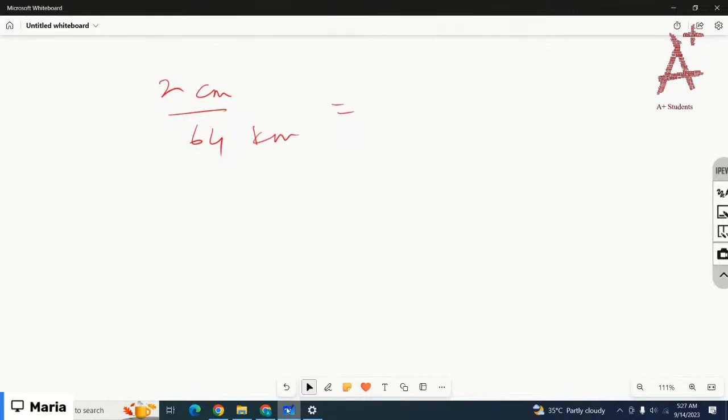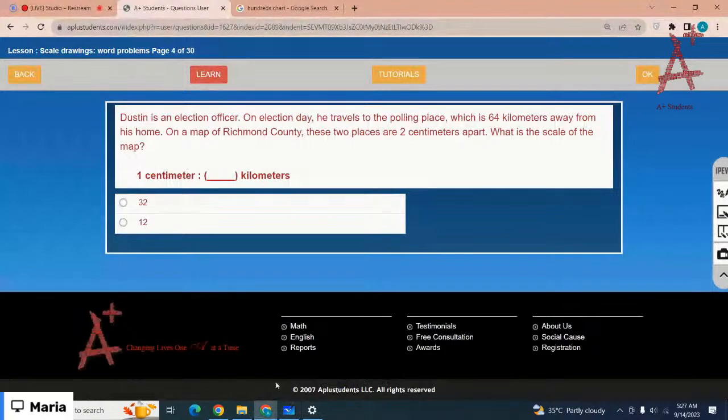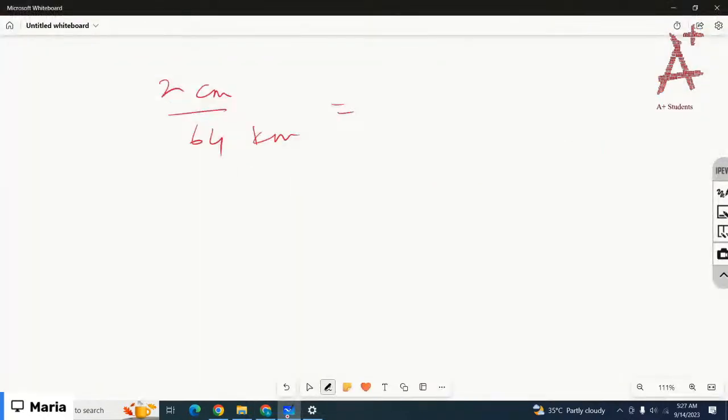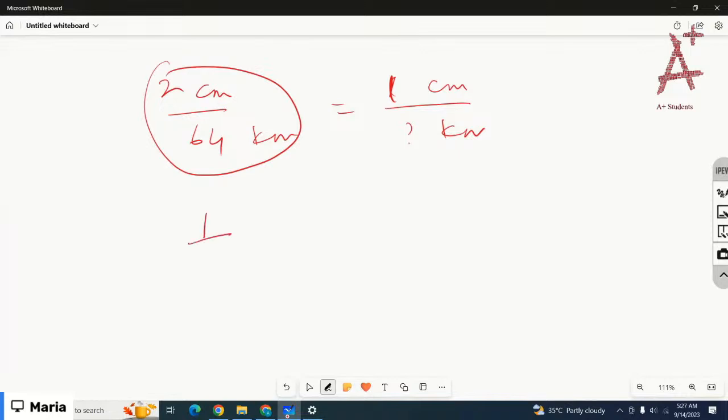You are given the scale, that is 1 centimeter equals how many kilometers? Just simplify this fraction. You have to divide by a common factor: 2 times 1 is 2 and 2 times 32 is 64.